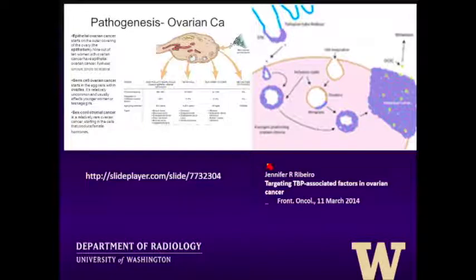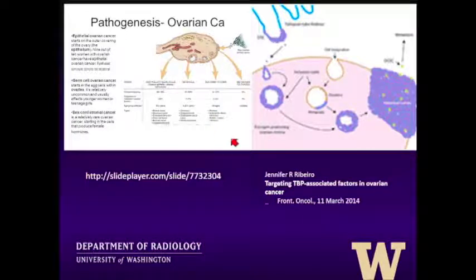In postmenopausal women, they don't have any active oocytes anymore to ovulate. So what happens is you get these inclusion cysts of epithelium. There are little breaks in the surface of the ovary where the epithelium maybe has some kind of crater or ridge or irregularity. A little bit of epithelium gets trapped within the stroma of the ovary, and then this forms a cyst.